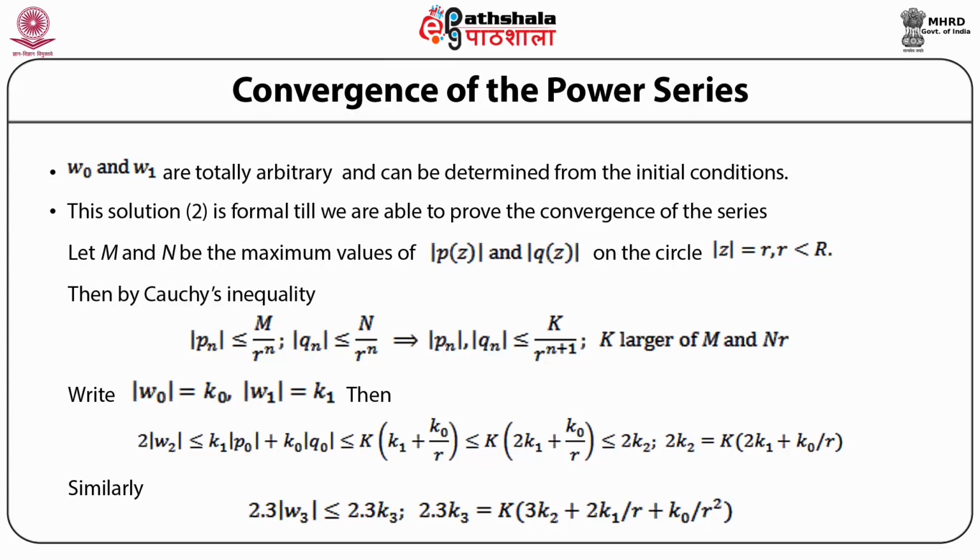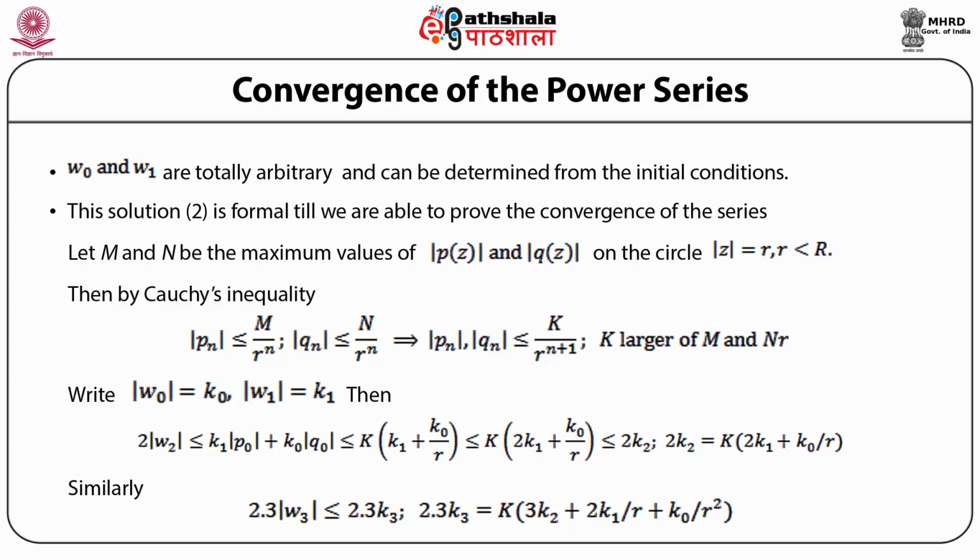Therefore, this implies modulus of p_n is less than or equal to K by r raised to power n, and modulus of q_n is less than or equal to K by r raised to power n plus 1, where K is the larger of M and N r. Now we write modulus of c0 as k0 and modulus of c1 as k1.